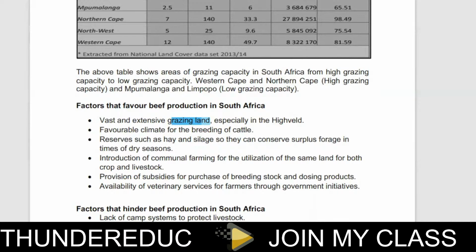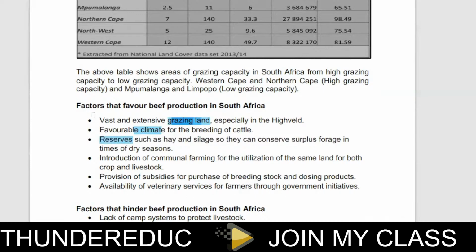That is general, factors that favor. But if the question says physical factors, that means you only look at the physical, like grazing is physical, climate is physical, you understand? All those ones are physical.